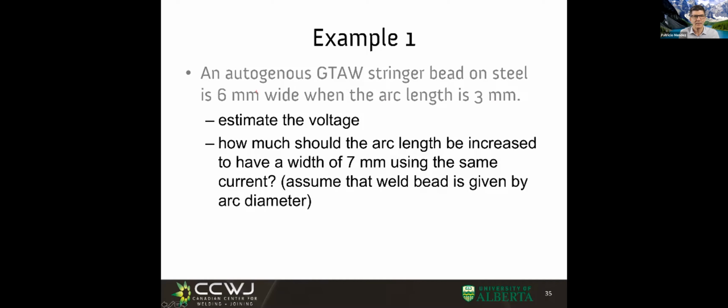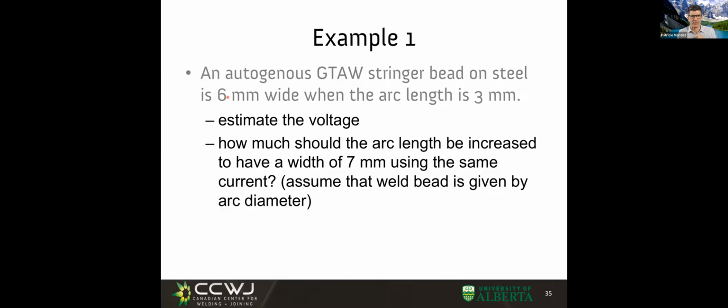And I'm saying that right now the bead is about 6 millimeters wide, and I'm assuming that the bead and the arc are more or less the same width. Not exactly true, and we have the formulas to say it exactly, but let's not worry about the exact right now, but let's get a general understanding.